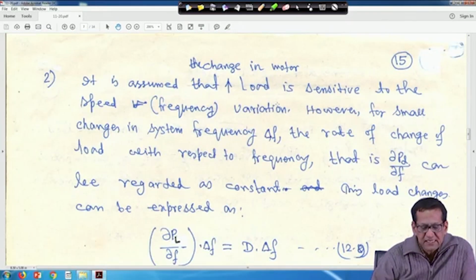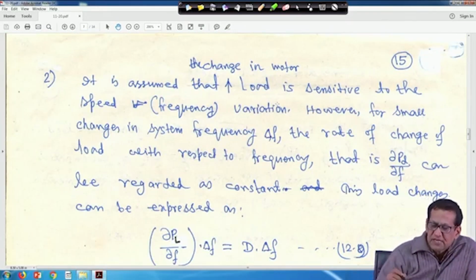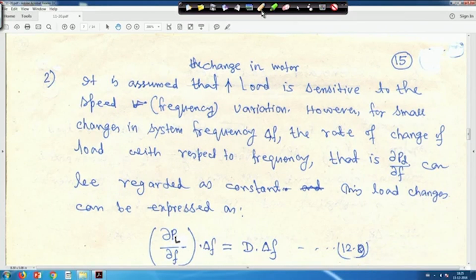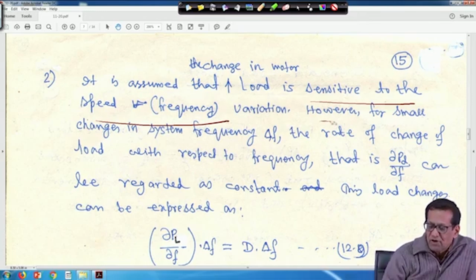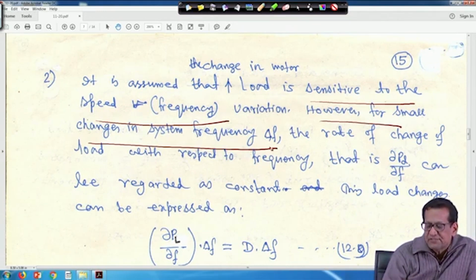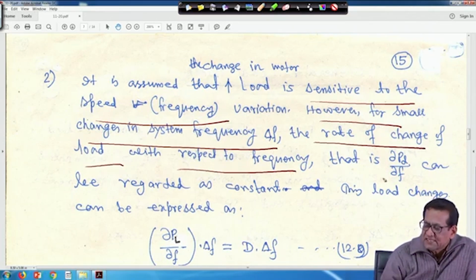Now, next it is assumed that the change in motor load is sensitive to the frequency variation. However, for small changes in system frequency delta F, the rate of change of load with respect to frequency, that is delta PD delta F, can be regarded as constant.